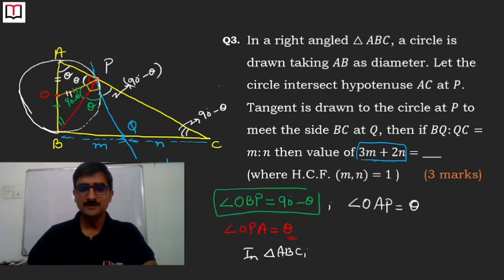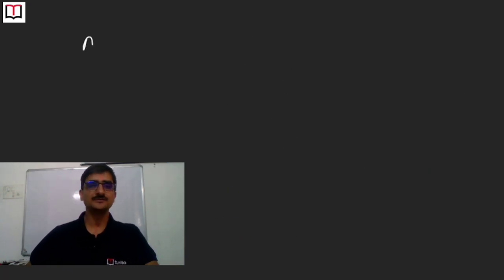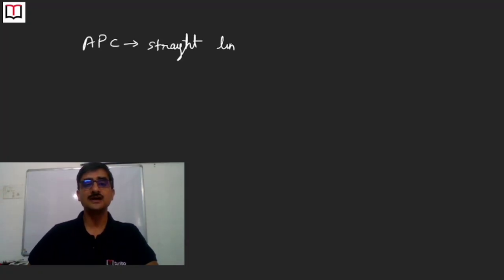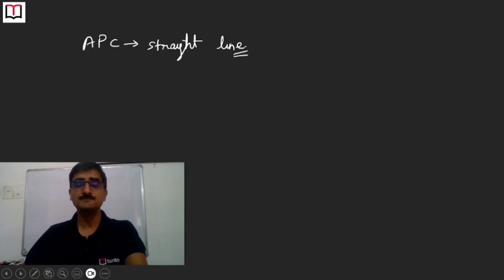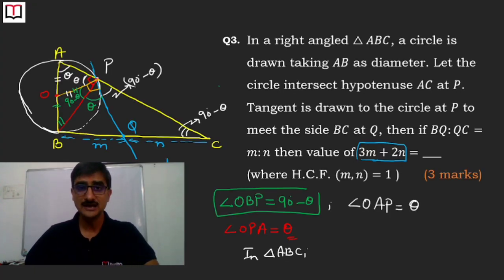See, APC is a straight line. Now what does that mean? That means angles about the point P on this line should add up to give us 180 degrees.